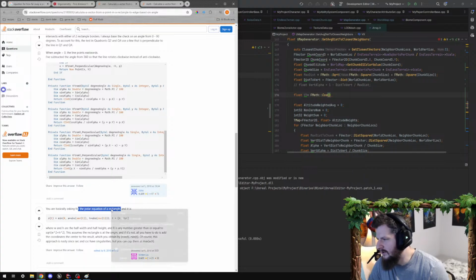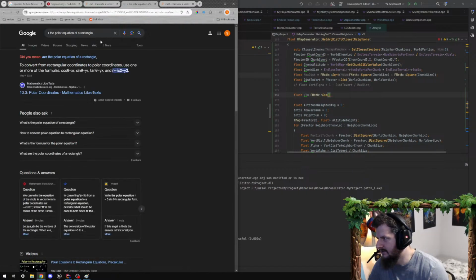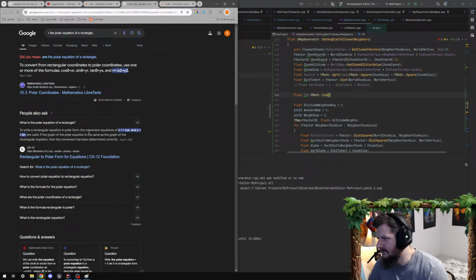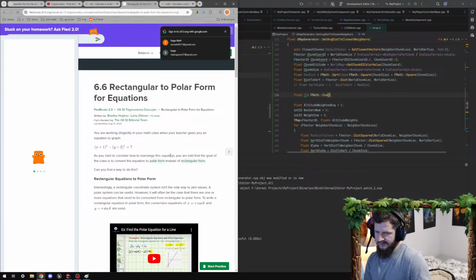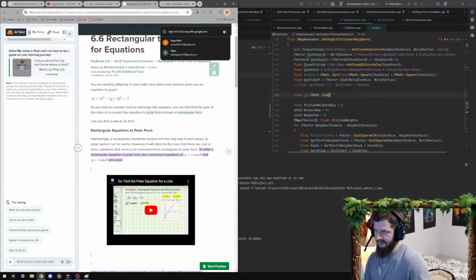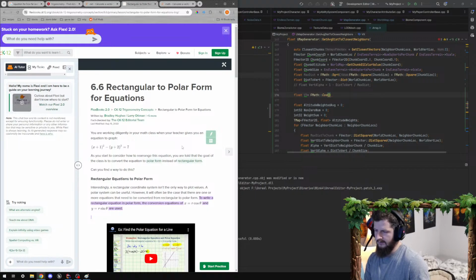The polar equation of a rectangle. How's the terrain, Jin? We've reached a very difficult problem.